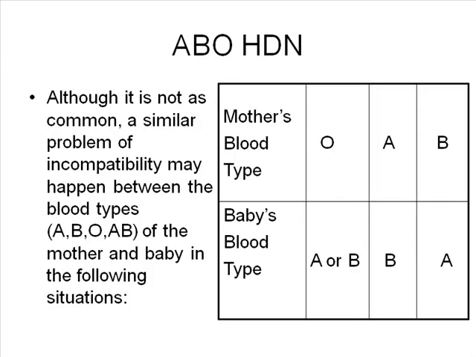All right. One of the most common is your ABO, because mom makes a very strong anti-A,B antibody that will attack those baby's red cells.